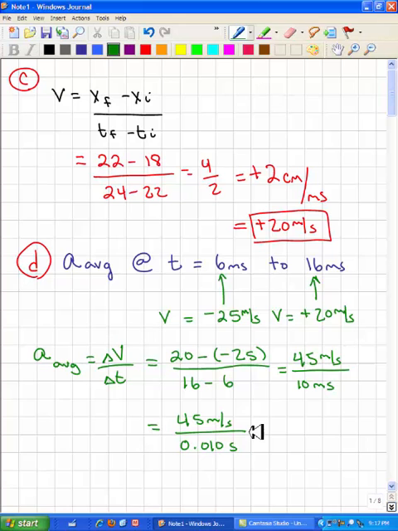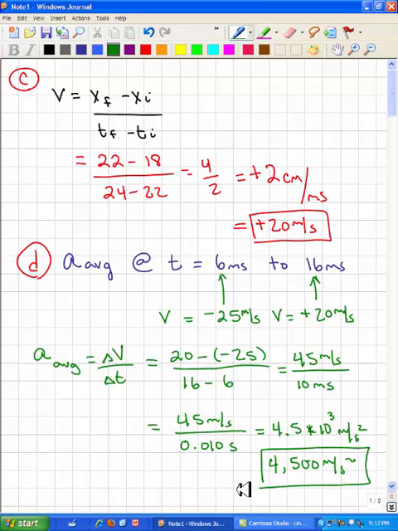Do a little bit of unit conversion, you get 4.5 times 10 to the third meters per second squared, or 4,500 meters per second squared, however you want it.